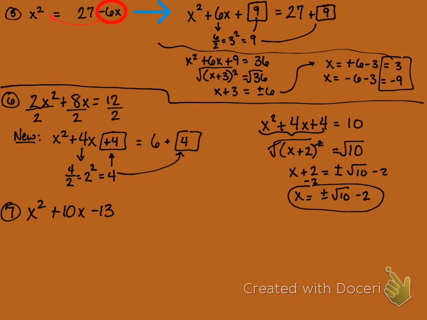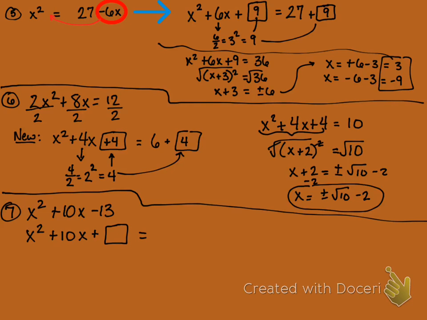And last but not least, we got number 7. So again, I want number 7 to follow this pattern. So we want it to look like a blank, plus a blank, equals some number plus another blank.